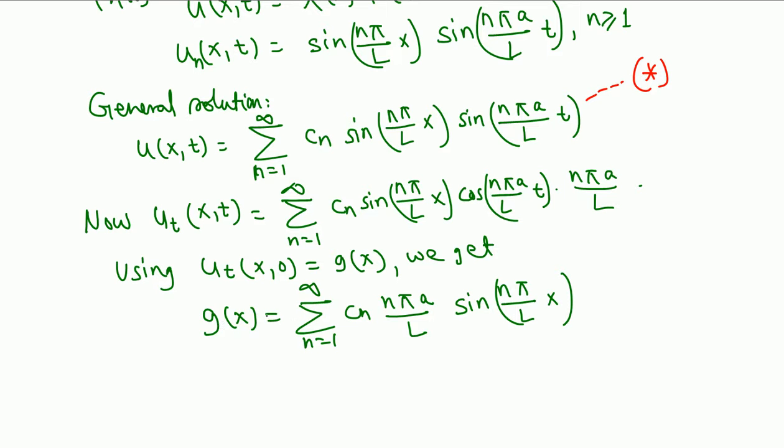So g(x) equals the sum of c_n n pi a over L sine of n pi over L x.